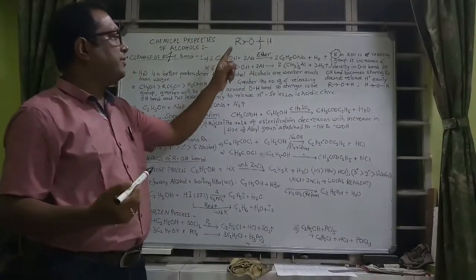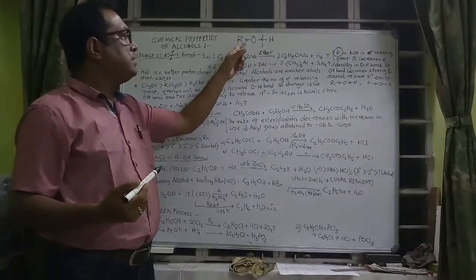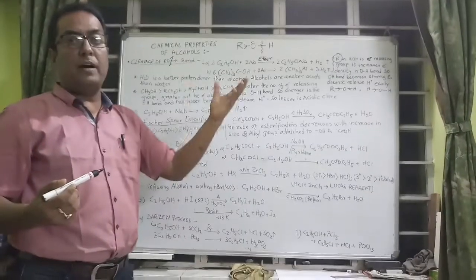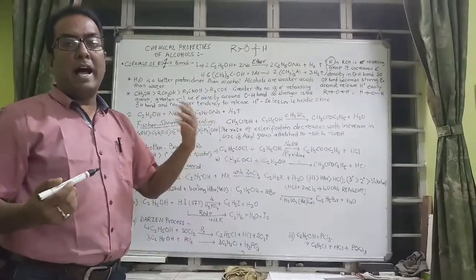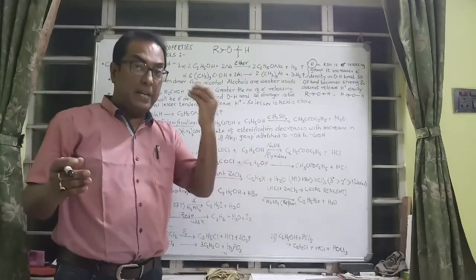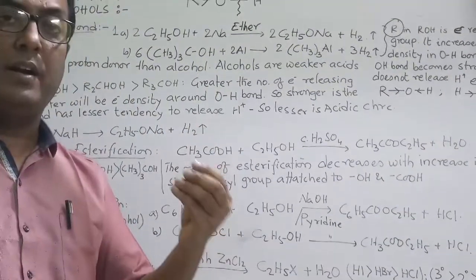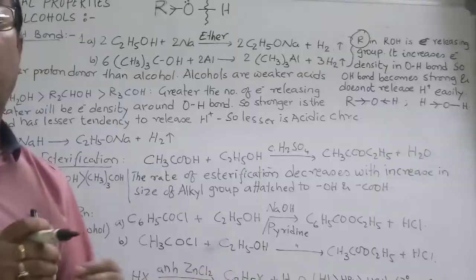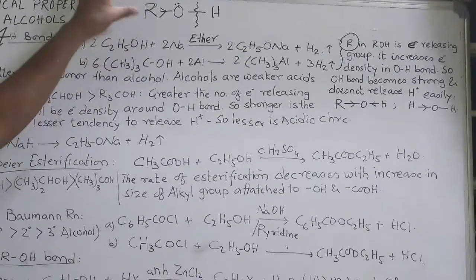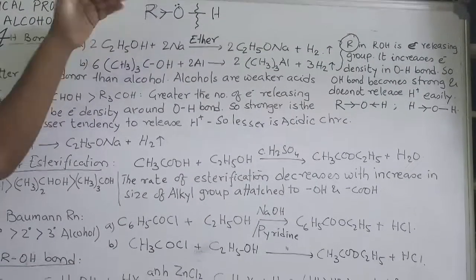So in the case of alcohol, if the R is of a higher magnitude, or say the R has more than 5 carbons, it will be difficult for that alcohol to release the hydrogen. So the more carbons in this alkyl part, the less acidic it is.